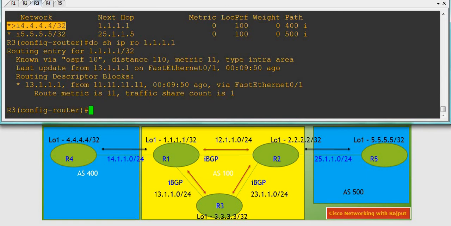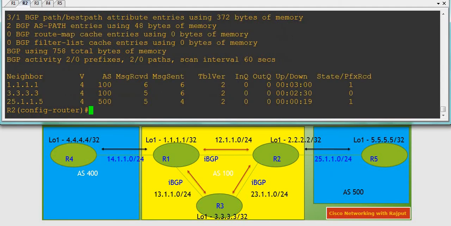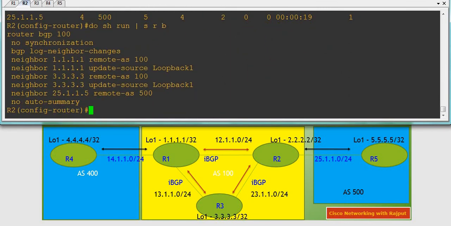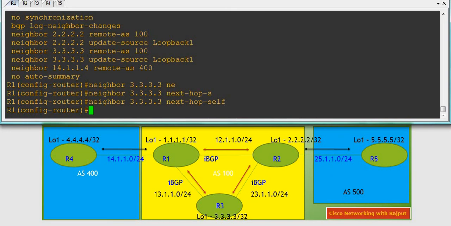So if we go and set the next-hop-self command on router 2, then we must see this prefix as well as the best route. Let us go and do that. Okay, one more thing. On router 1 we set next-hop-self only for router 3.